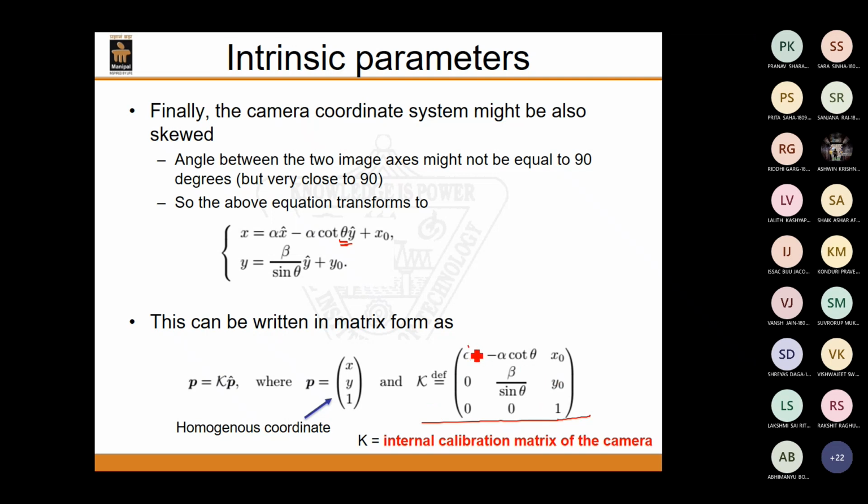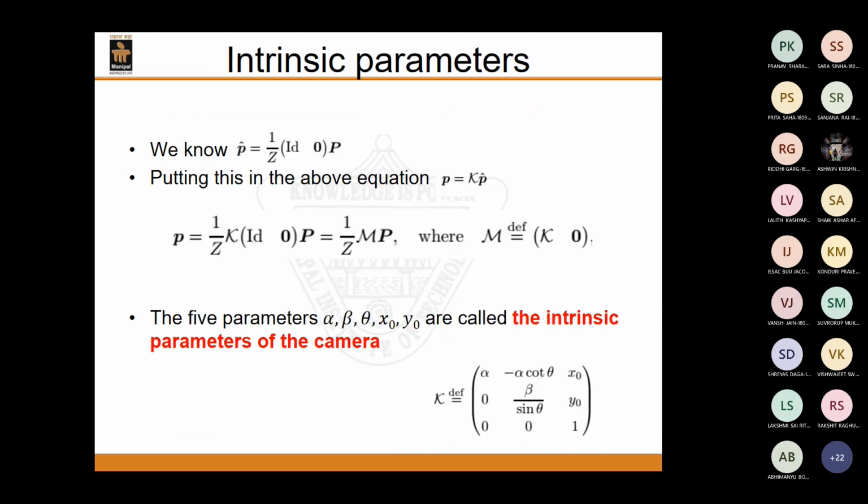The different parameters you have are alpha and beta, which are the magnification factors dependent on the pixel dimensions; then x naught and y naught, which are the offsets used to move the origin to the center; and theta, which is the skew between the image axes. All these together determine the internal calibration matrix. So you have these five parameters.